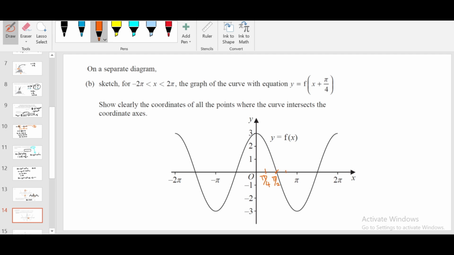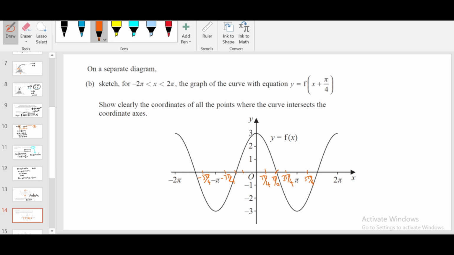2 pi over 4, this will be 3 pi over 4, 4 pi over 4, 5 pi over 4 here. Minus pi over 4, minus pi over 2, minus 3 pi over 4, minus 5 pi over 4. I'm going to move the given graph to the left side pi over 4 units now.